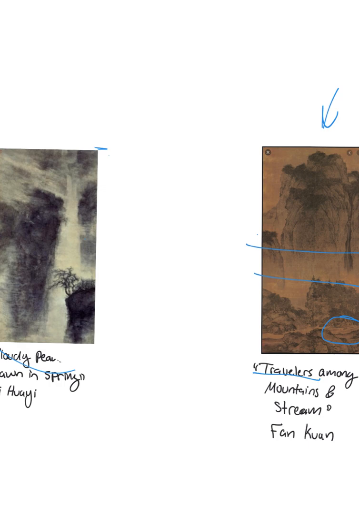Meanwhile, Li Huayi's is almost violent in comparison. The mist is in diagonals, which usually has more action than the horizontal, which is why it's preferred in composition.